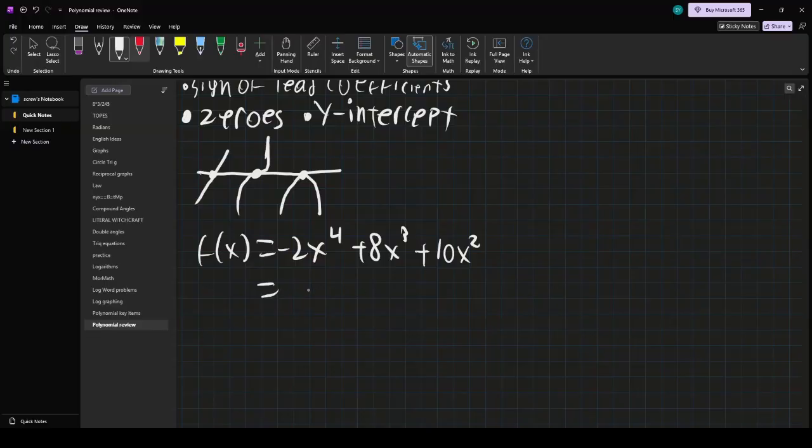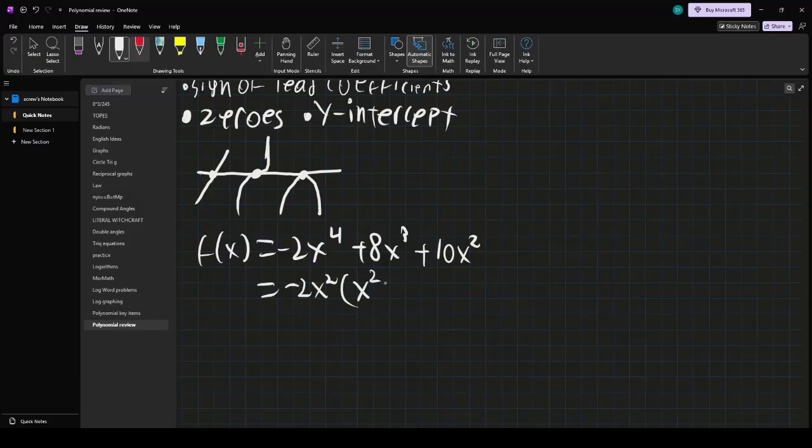It looks pretty long and ugly right now, but to make it simpler, we're going to factor. Just common factor out -2 because all the coefficients have -2 as a common factor, and all the variables have a common factor of x squared.